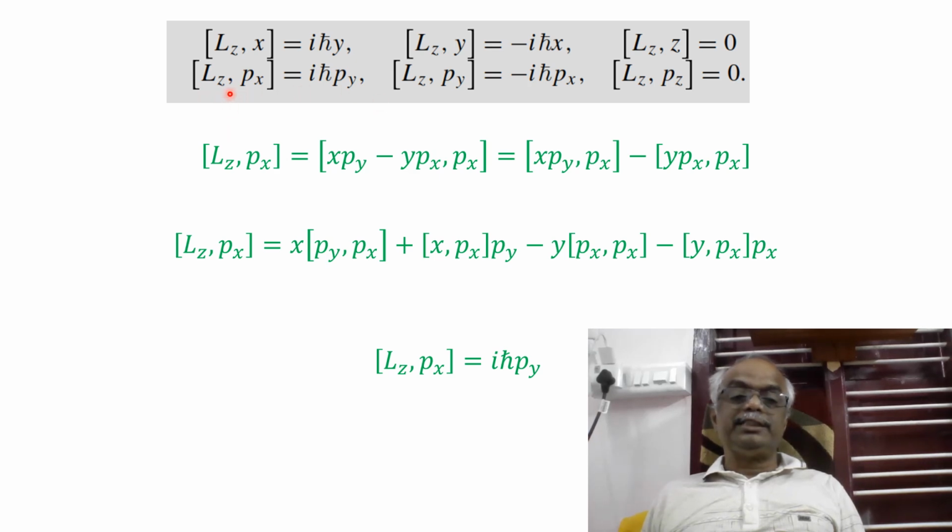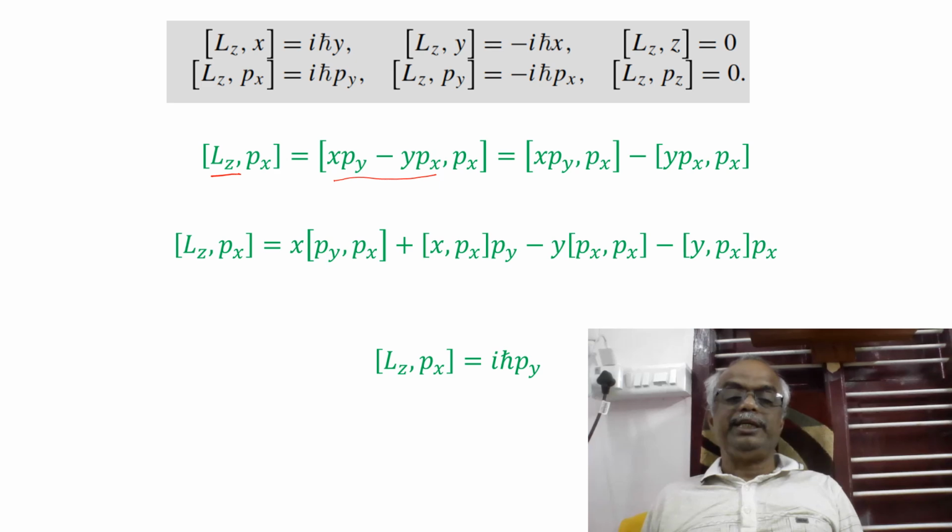In the second row, the first one is the commutation of Lz with px. So this Lz, as usual, can be written by definition as xpy minus ypx. Now you can separate this into two commutation relations. First [xpy, px], then minus, here you have minus, so I have taken the minus out, [ypx, px].